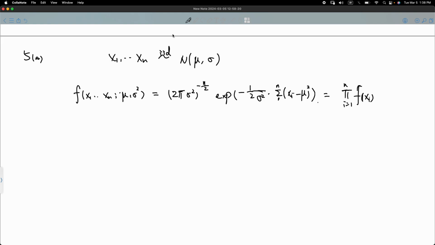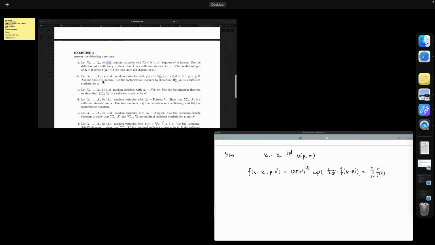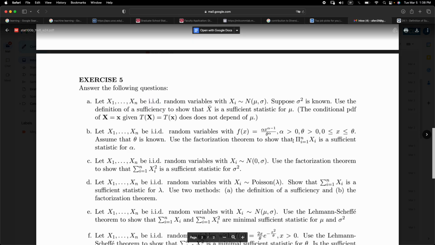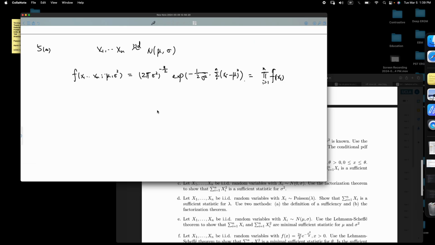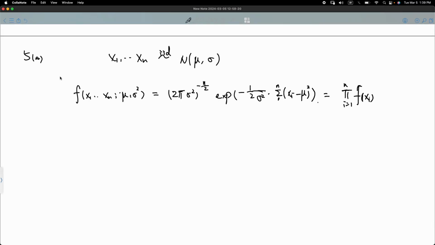But to evaluate the sufficiency based on the definition, we need to calculate the conditional PDF, and that is given the estimator. So our estimator is x bar. And also from the previous two exercises, we have already seen this: it is centered on mu with variance sigma square over n, which is also a normal distribution.